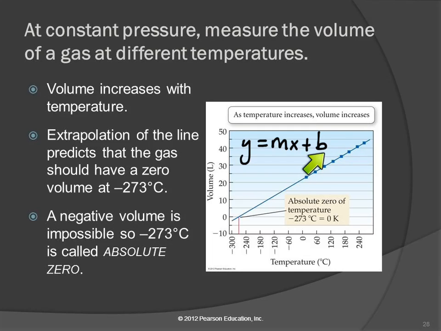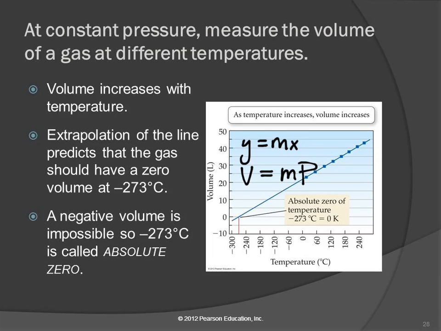The y-intercept. So if the y-intercept is 0, that would be good, right? Then y equals mx. Here, y is V, and x is temperature. Volume equals some constant, the slope of the line, times the temperature.